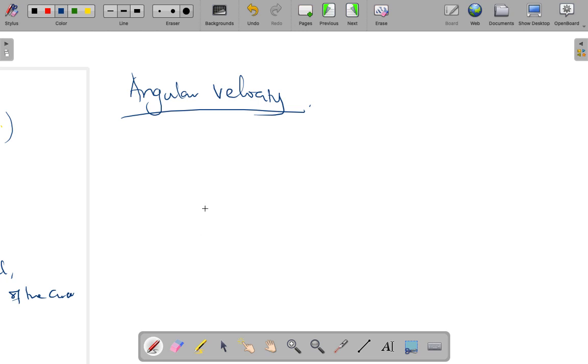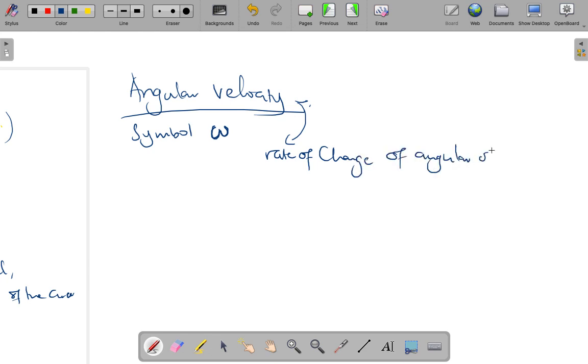So angular velocity, first of all, its symbol is written like a W, but we call it omega. So whenever I say omega, this is W, and this is given by the definition: rate of change of angular displacement.